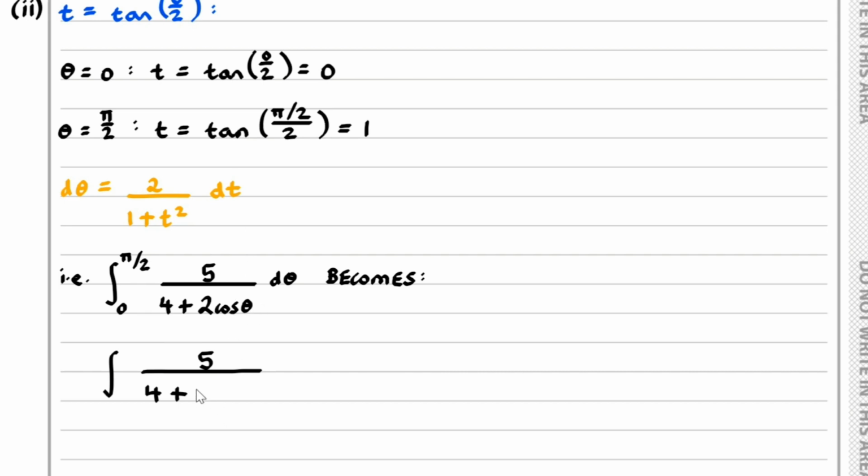Now cos theta, that's the same as 1 minus t squared over 1 plus t squared.